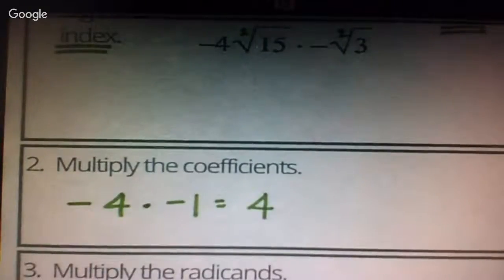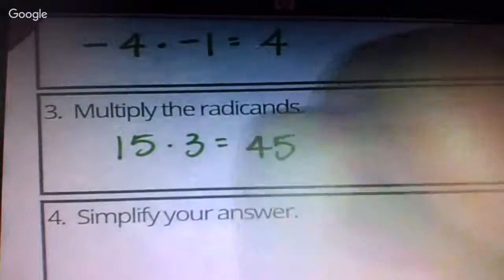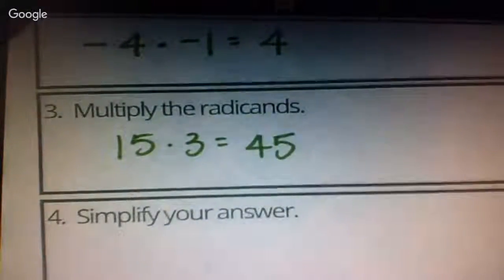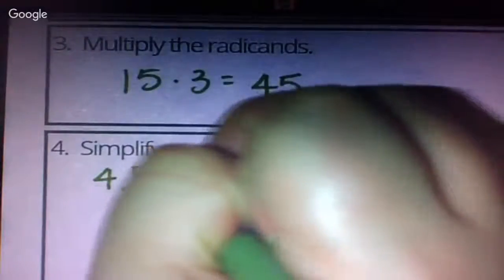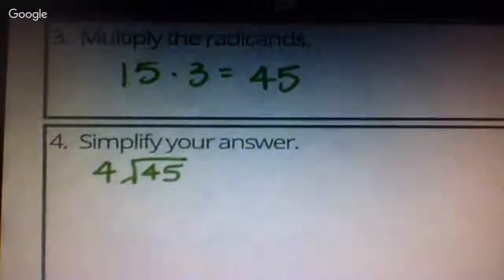Multiply the radicands. Those are the numbers underneath the square root. So 15 times 3 is 45. And now we simplify. So when I've multiplied, I now have 4 square roots of 45. That's it. That's all you do.